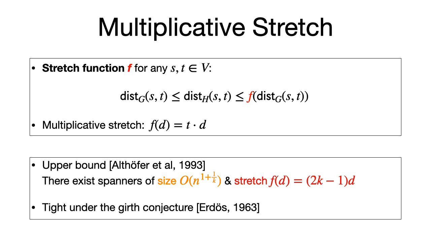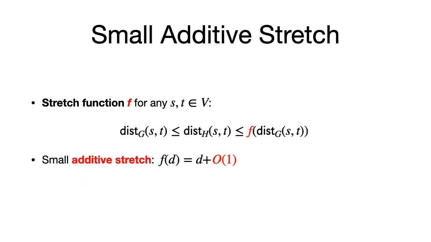More importantly, this construction is tight if we believe the Erdős girth conjecture. Other than multiplicative stretch, we can also study small additive stretch, where f is very close to the identity function, only up to a constant error.